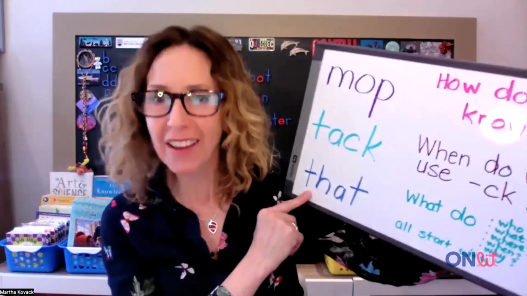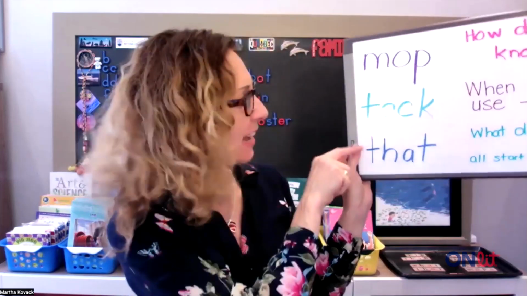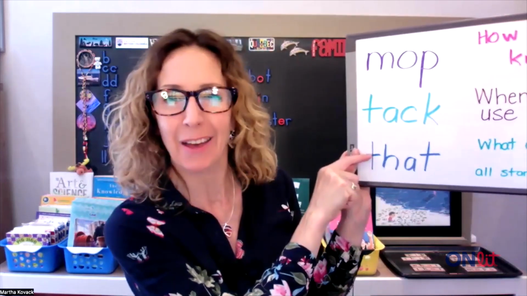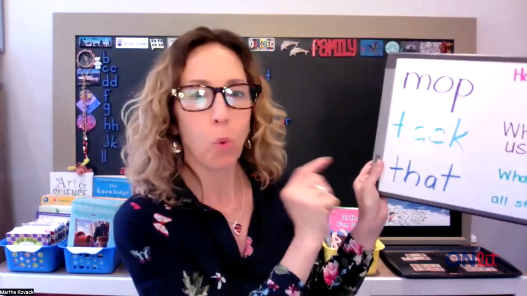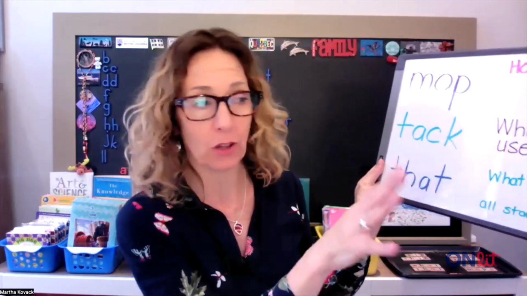For that and what, sometimes with confusions, you can talk about how it looks and feels in the mouth: lips, tongue, teeth. So this is just me pulling straws out of the air. The T sort of looks like the tongue sticking out, so you can pretend that's a tongue sticking out. That. And what is, first of all, a wild word.